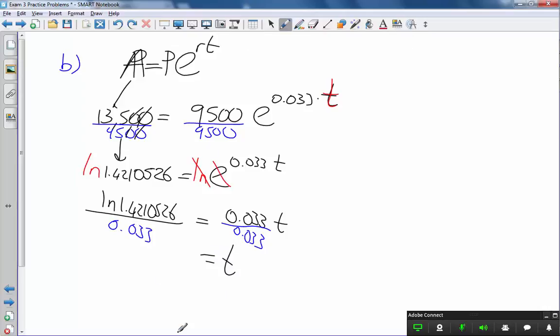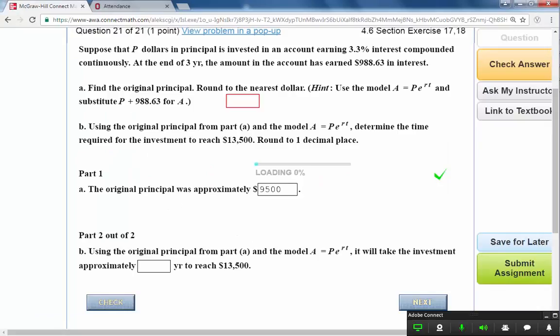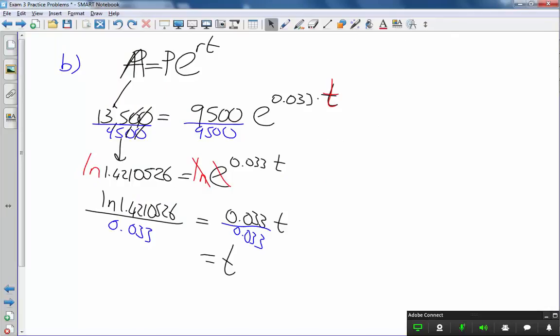I think they want us to the nearest year. Is it nearest year? Yeah. Approximately how many years does it take? Just tell me a few digits here. Are you trying this?